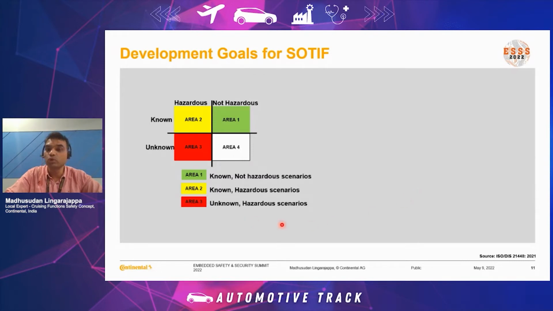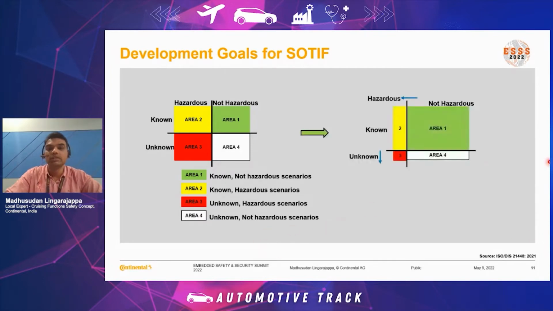Area 3 talks about unknown hazardous scenarios. Area 4 talks about unknown, not hazardous scenarios. For us, the development goal according to the SOTIF specification is that we have to maximize Area 1 and minimize Area 2 and Area 3. This is the development goal for SOTIF.